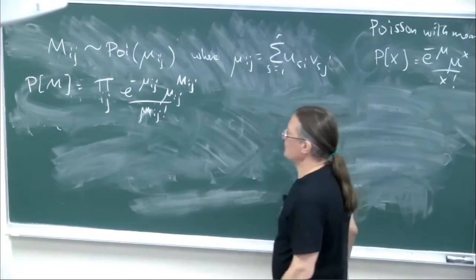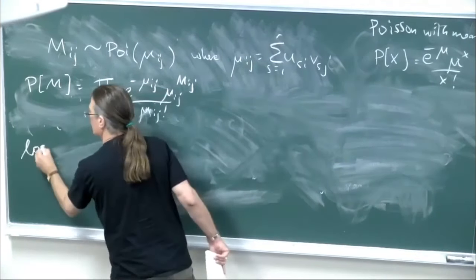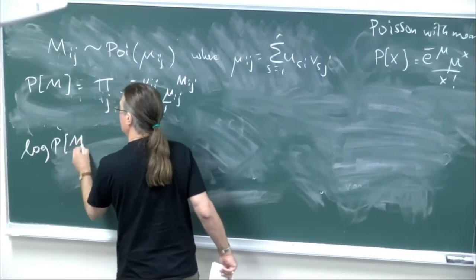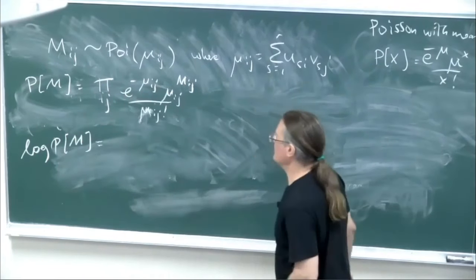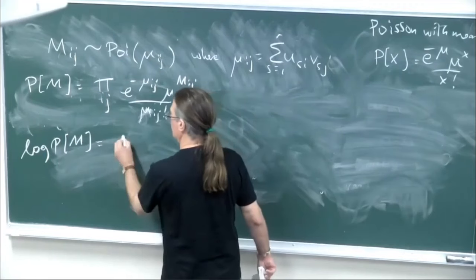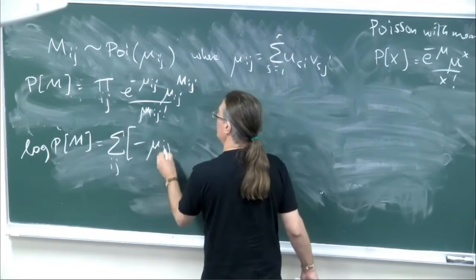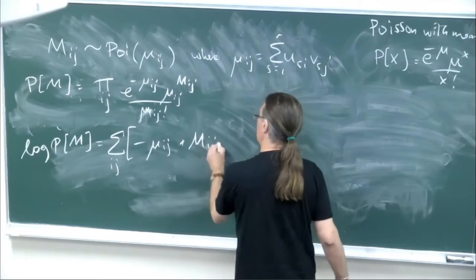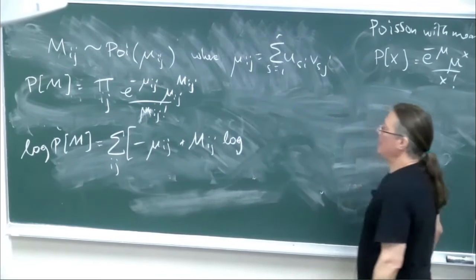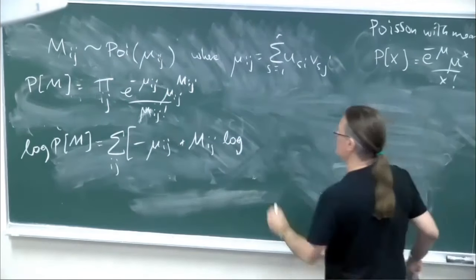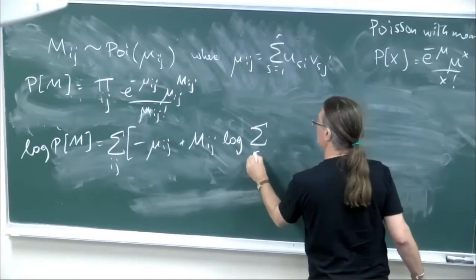But let's take the log of this. So now we're going to maximize the log likelihood, as we say in this business. And now I'm going to write out what mu ij is inside this logarithm.